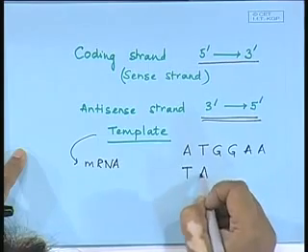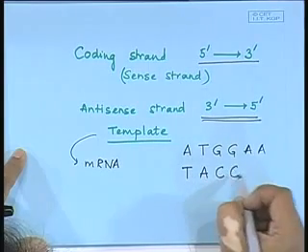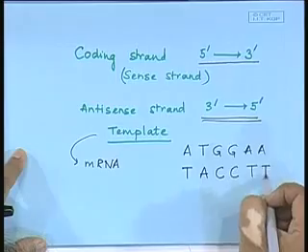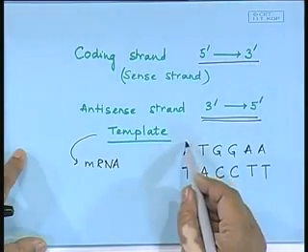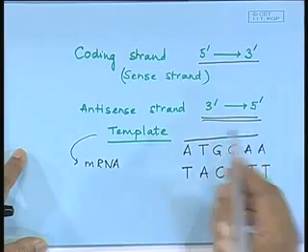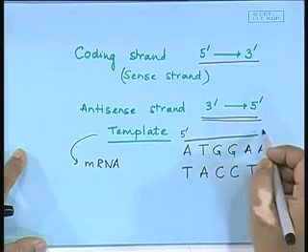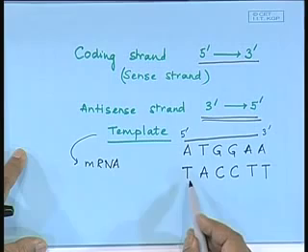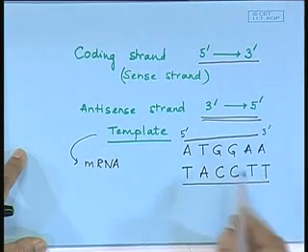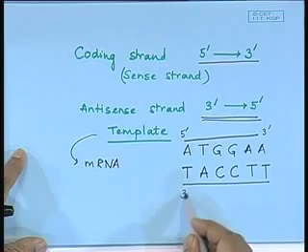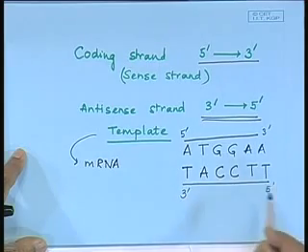T, A, C, C, T, right? So, this is my sense strand that goes from 5 prime to 3 prime. This is my antisense strand that is 3 prime to 5 prime.